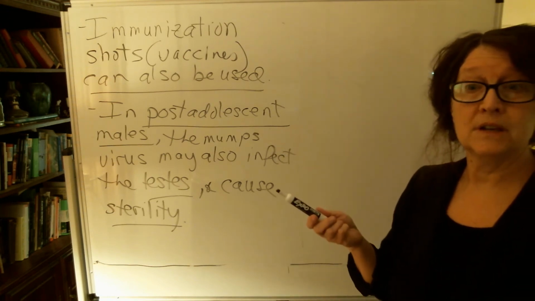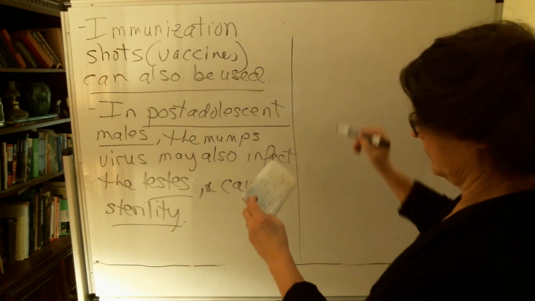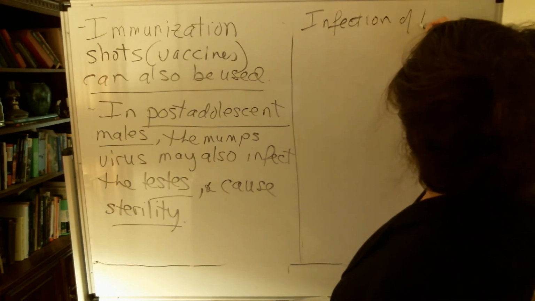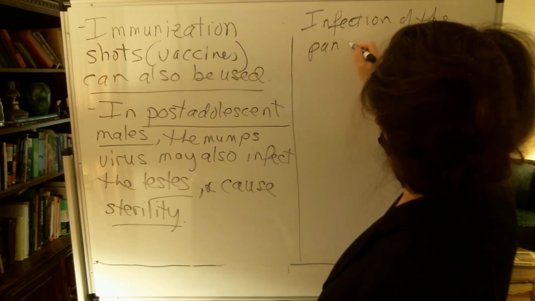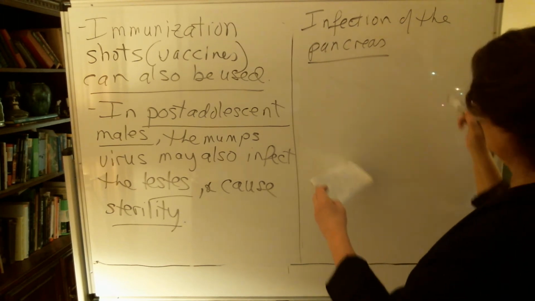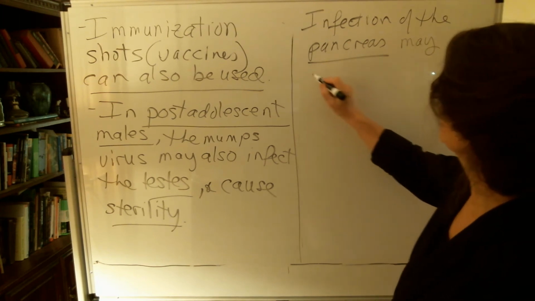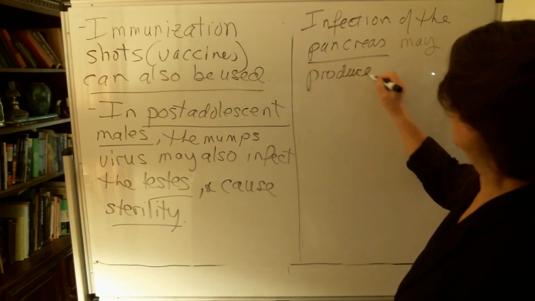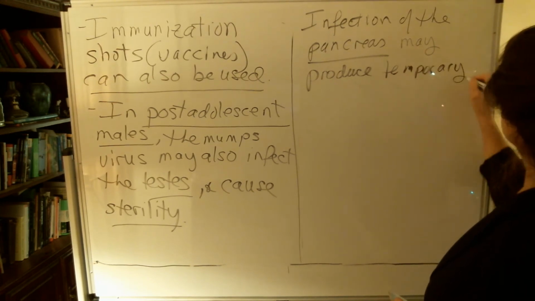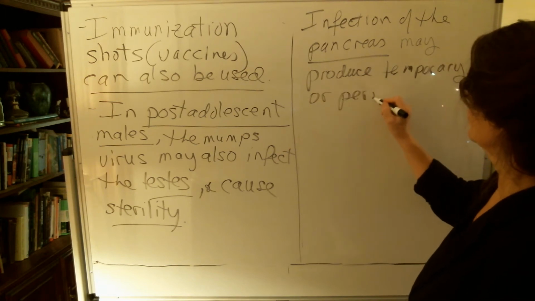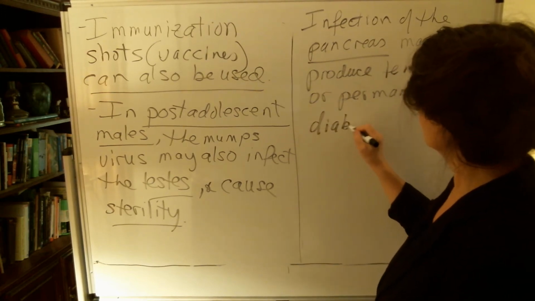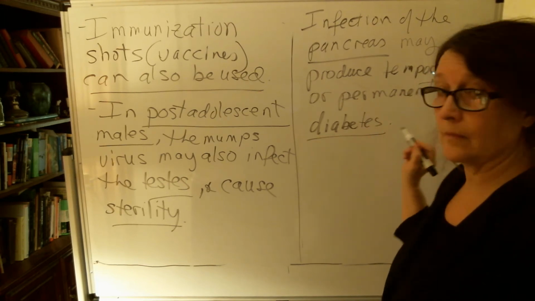Still carrying on with what the mumps can do to you. There's also the possibility of infection of the pancreas by the mumps virus. And this may produce temporary or permanent diabetes.